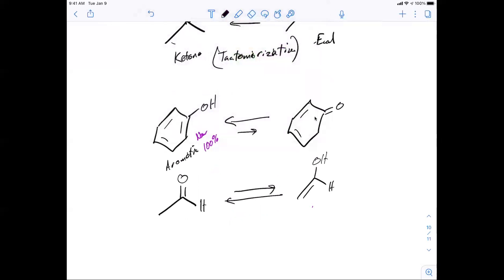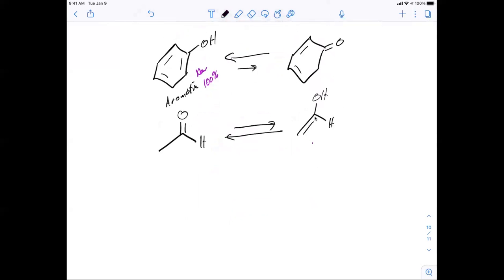If I want to form the enol in a reaction, I need to promote it. I need it to happen faster. And notice that they're always going to be reversible, so what you're trying to do here is kind of trap it.